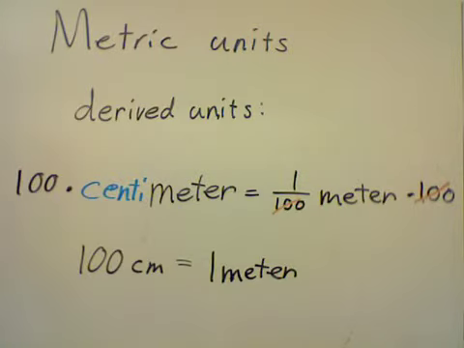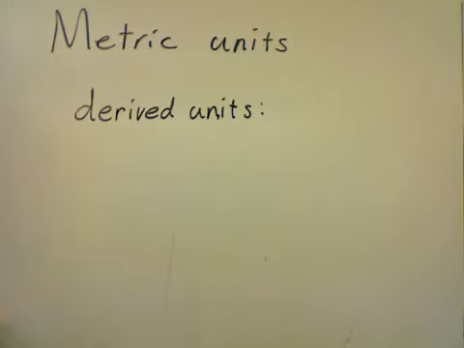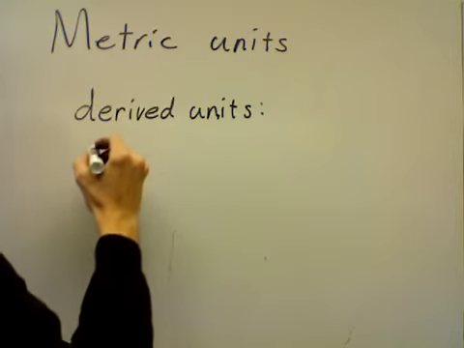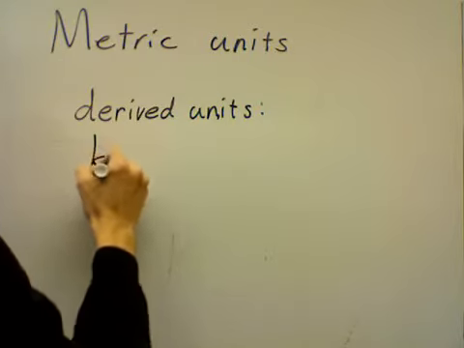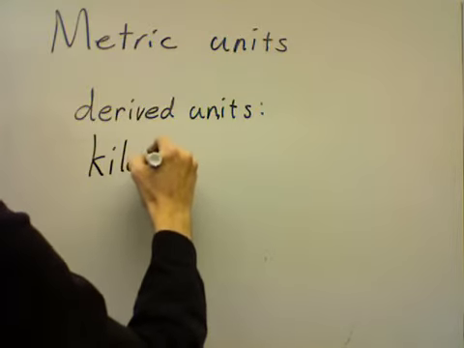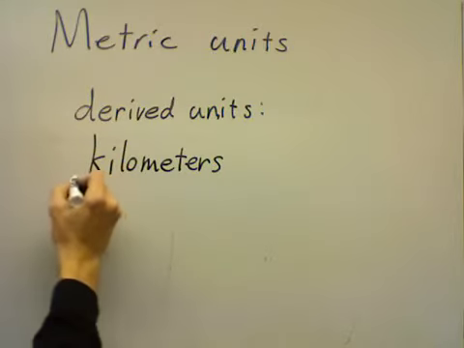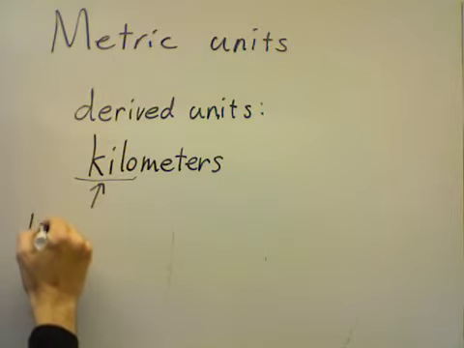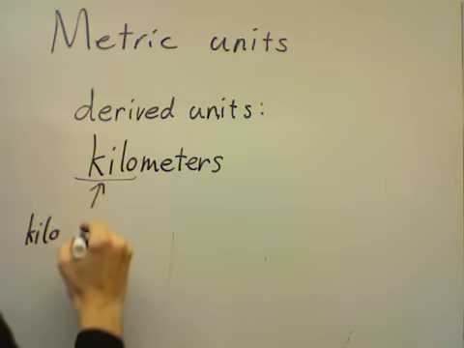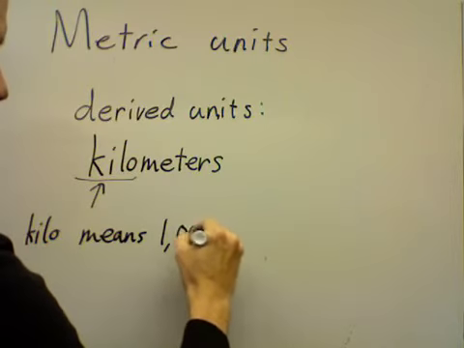Let's try another derived unit. Another common one is kilometers. Kilo is the prefix here, and kilo means 1,000.